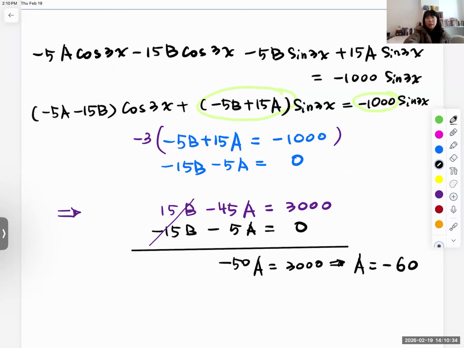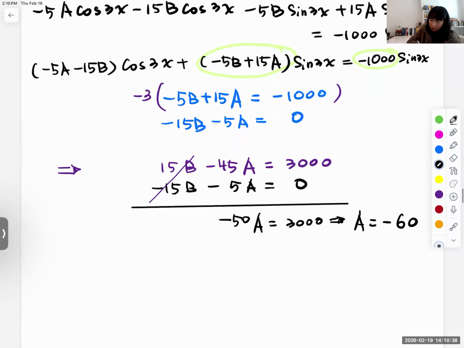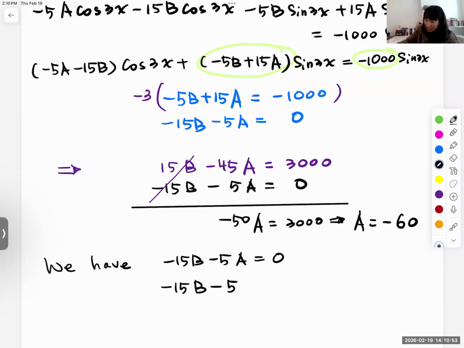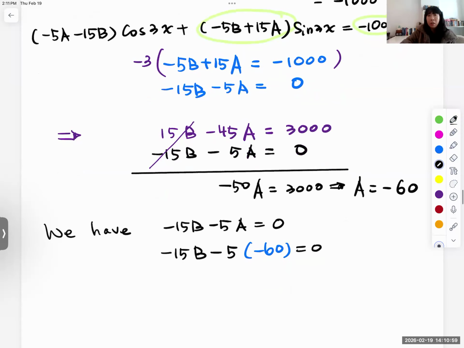Okay, now we can substitute anything. So I think this is easier. So we have negative 15b minus 5a equal to 0. So negative 15b minus 5(negative 60) equal to 0.